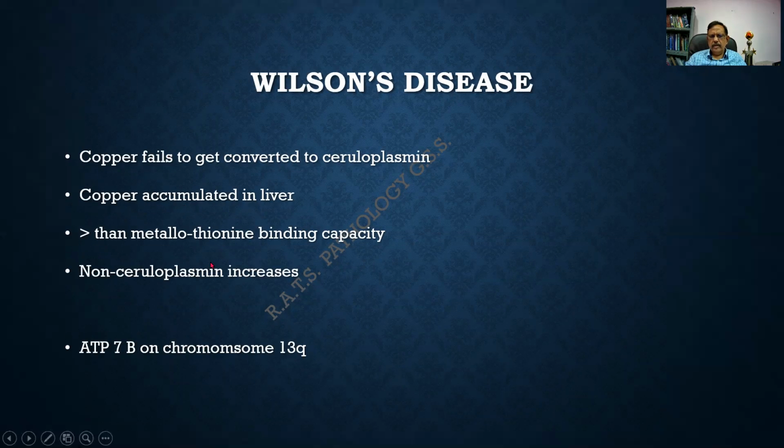And these are the various hypotheses by which it can happen. The copper fails to get converted to ceruloplasmin and gets accumulated in the liver. It is more than the metallothionein binding capacity. And the defect is basically in the ATP7B gene on chromosome 13q, where there can be a fragmentation or a deletion.